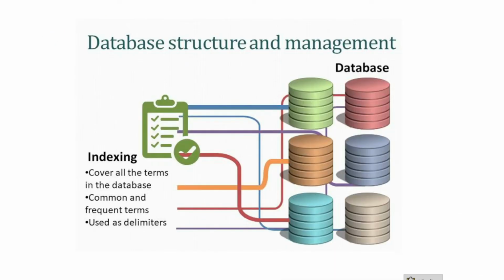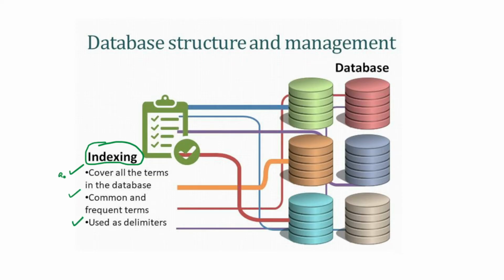Now see the information given in this chart. Regarding the database structure and management, we have certain points pertaining to indexing. It says that it covers all the terms in the database. Second point is that common and frequent terms are covered, and it is used as delimiters.